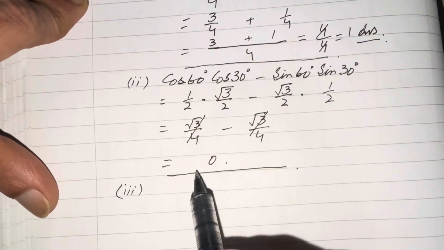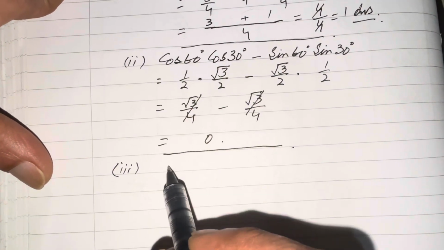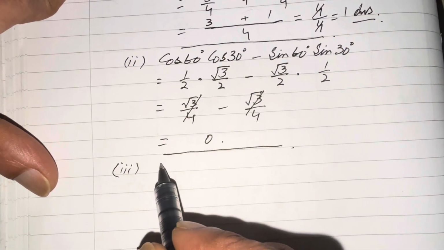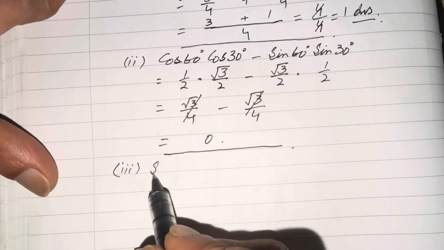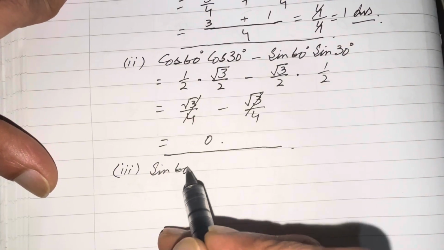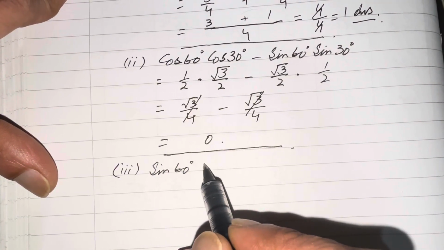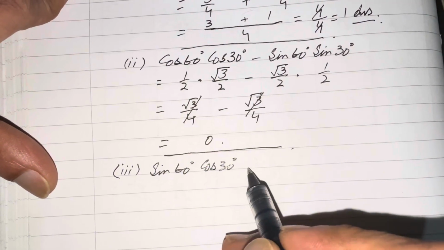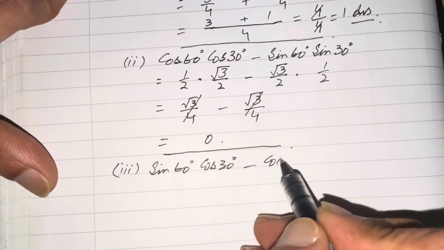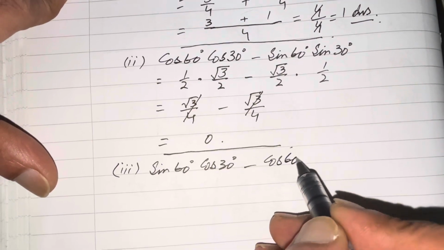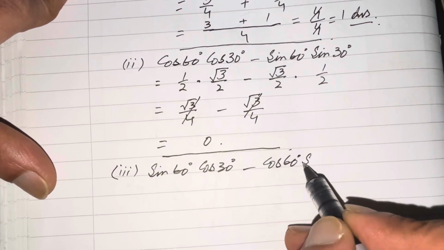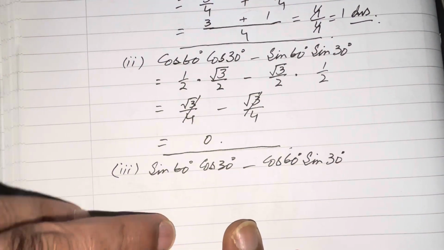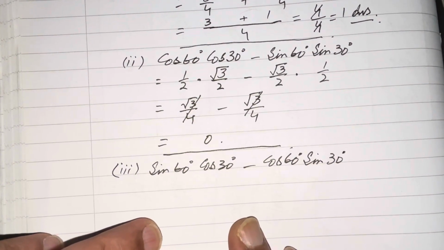So let's take the first question with the sign of subtraction: sine 60 cos 30 minus cos 60 sine 30.